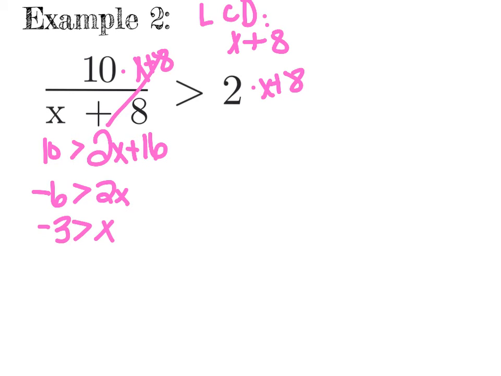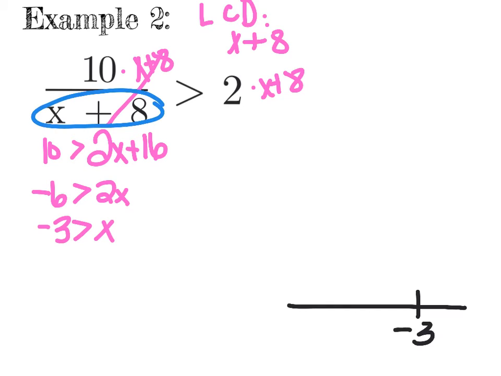So negative 3 is an x value on our number line. So we have negative 3. And then we're going to find our other point on our number line from our denominator, which is also our restriction, excluded value. So x plus 8 equals 0, so x equals negative 8.